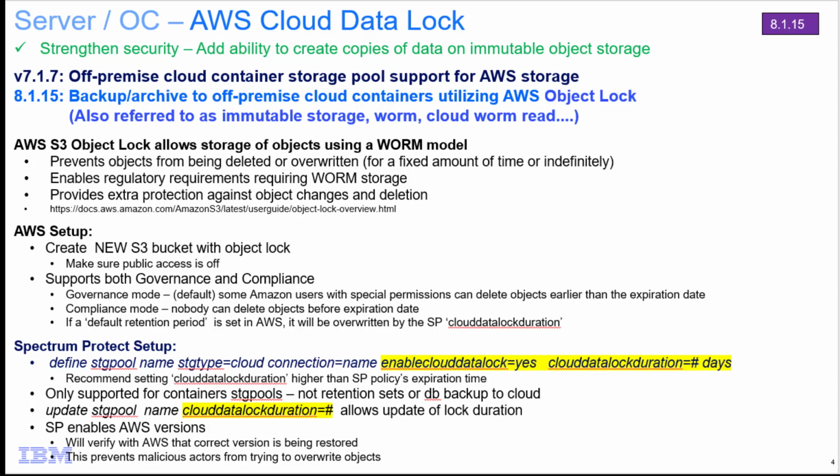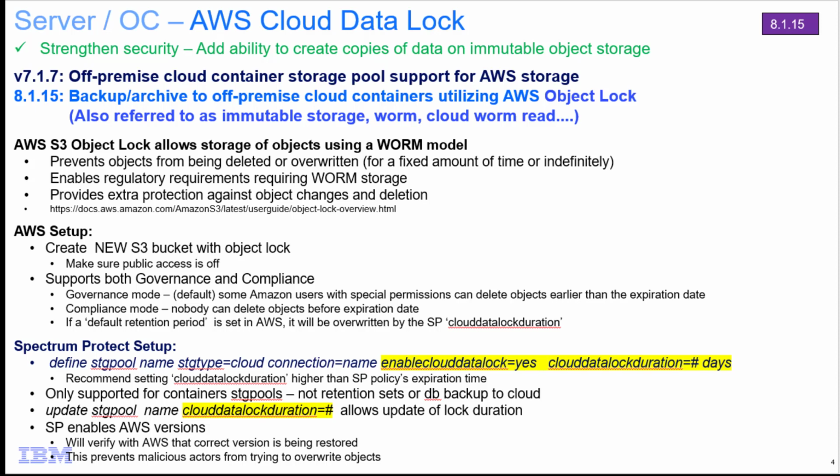In this demo, we'll go through the setup that you need to do inside of AWS to create an AWS Object Lock bucket. And then we'll take that bucket and define it into Spectrum Protect so that you can send your backup and archives out to that off-premise cloud container storage pool.